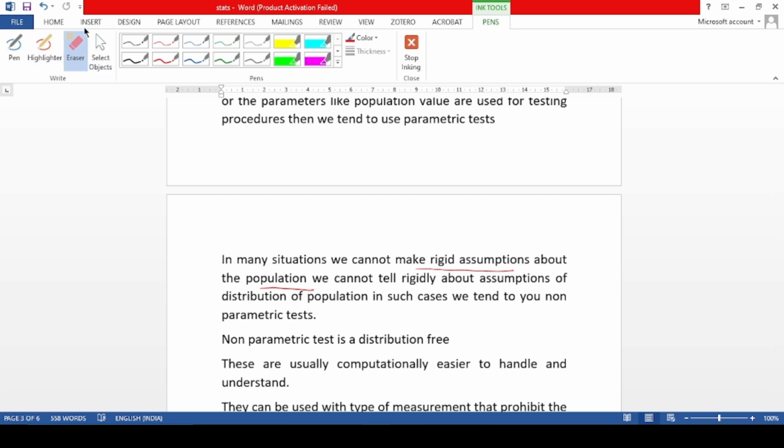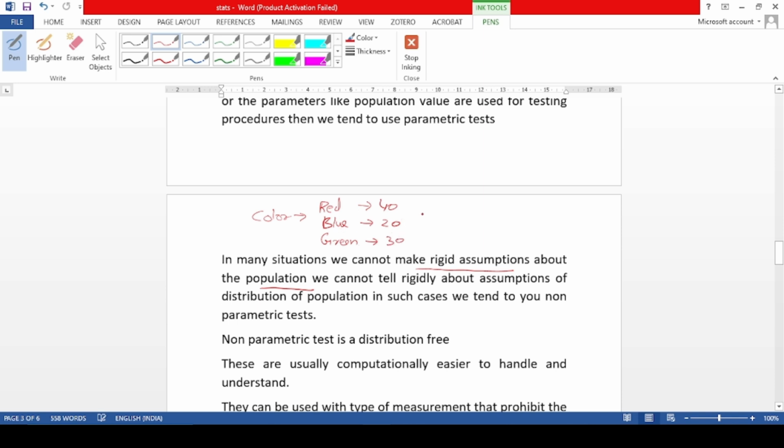For example, if we talk about color, say the preferences are red, blue, and green. Say there are 40 people who prefer red, 20 people who prefer blue, and 30 people who prefer green.